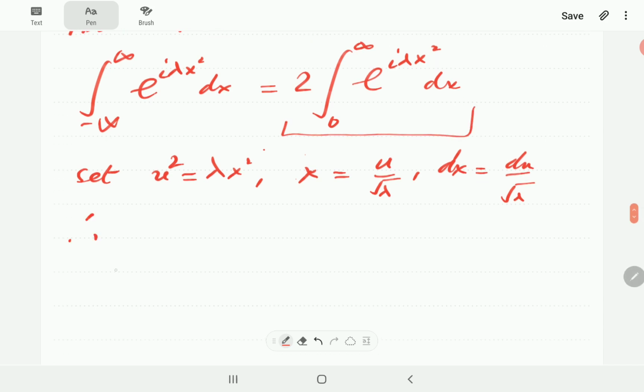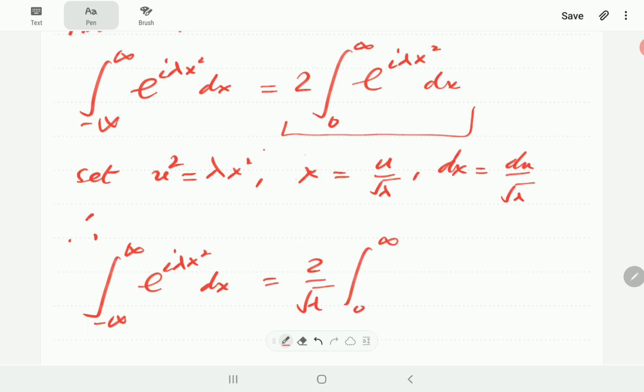So we're going to have the integral from minus infinity to infinity of e to the i lambda x squared dx is equal to 2 over square root lambda times the integral from 0 to infinity of e to the i u squared du.